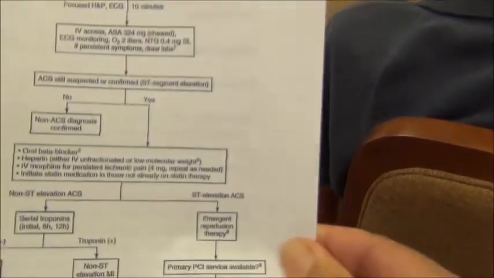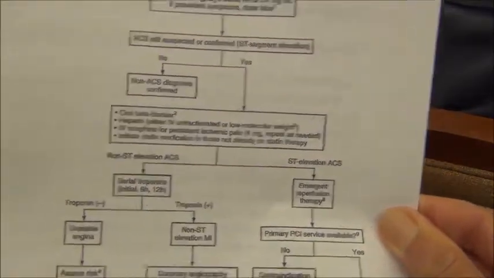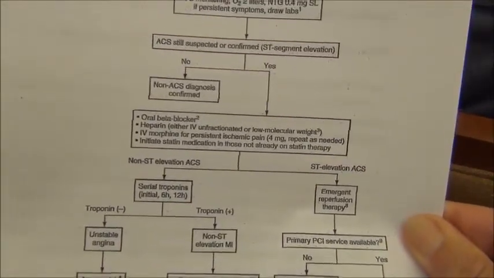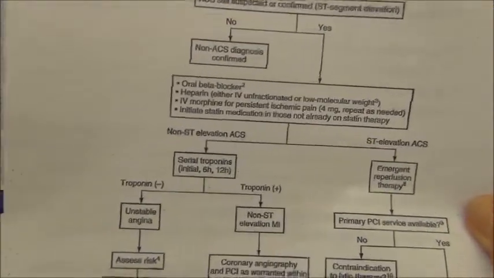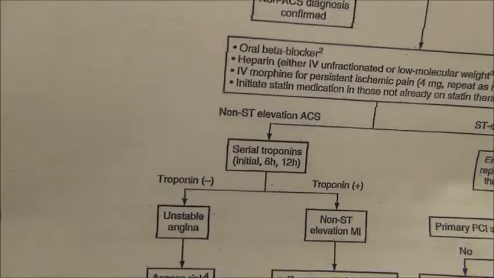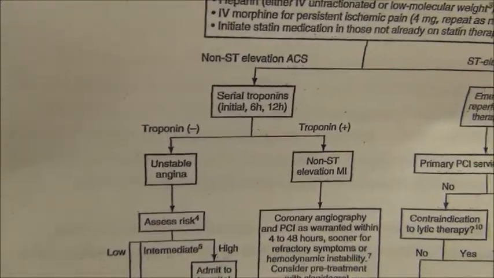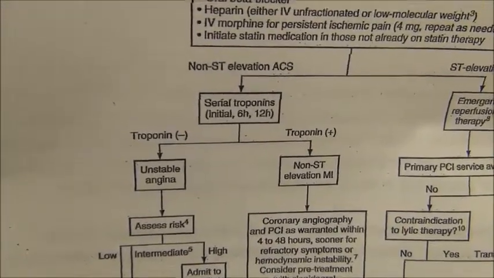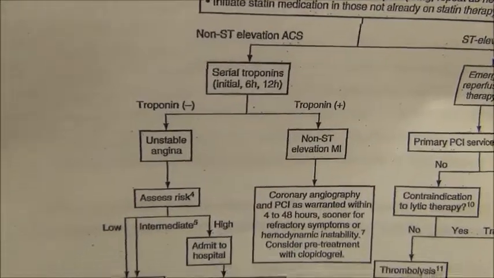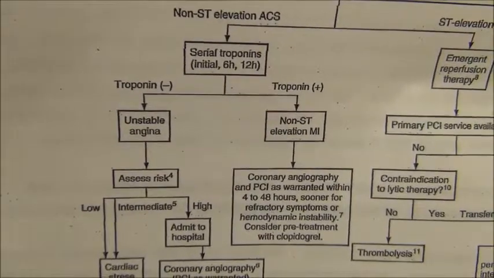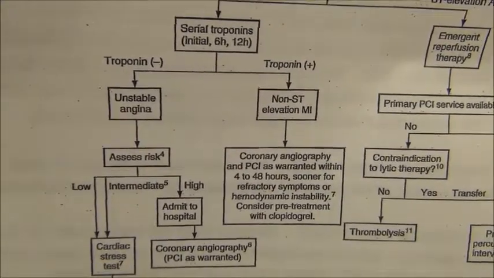But let's say that you're equivocal. What do you do then? They put you on a treadmill, do a cardiac stress test, see if you develop any symptoms while exercising, and then either admit you, do one of these percutaneous interventions, or ultimately discharge you on a medical program to be followed up by your own doctor.